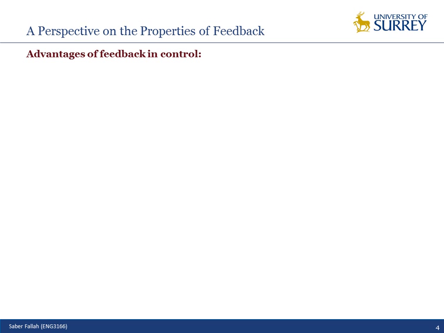Exactly. So far 3. Makes the system robust against disturbances, reduce the steady state error of the system, and stabilize an unstable system. What else? We have one more. Reduce the sensitivity. Pardon? Reduce the sensitivity of the transfer function. Sensitivity of the transfer function, exactly. Who was talking? Exactly. Good.